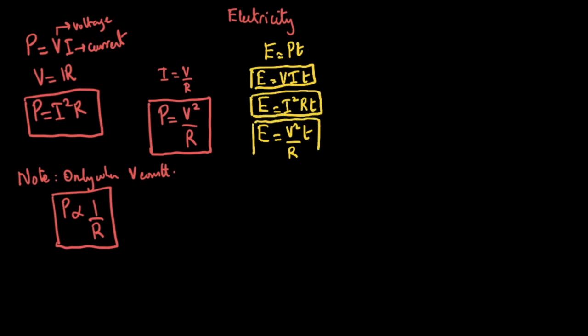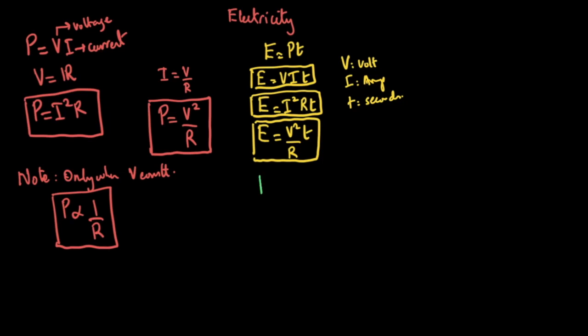Now, unlike O levels, you don't have to convert into kilowatt hours. So remember that V must be in volts, current must be in ampere, and the time must be in seconds, and you should be good.